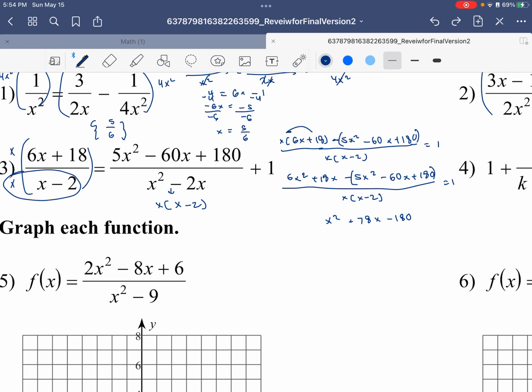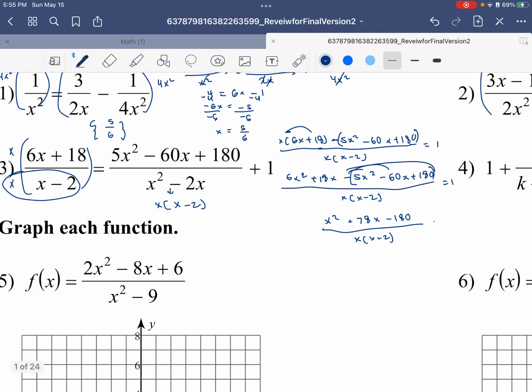And then I combined it to get this. And our denominator is still like that. So it was 18x plus 60 is how I got 78, and then 180 becomes negative because we're multiplying this negative in, and all that equal to 1.